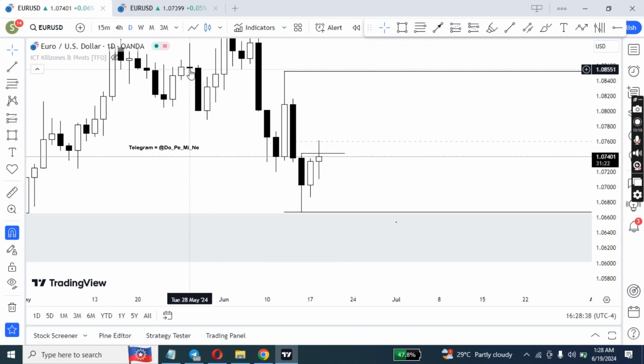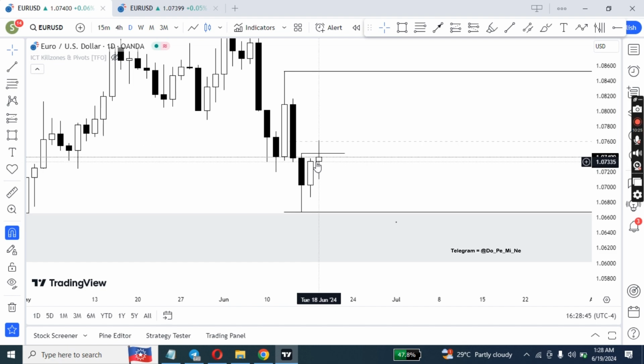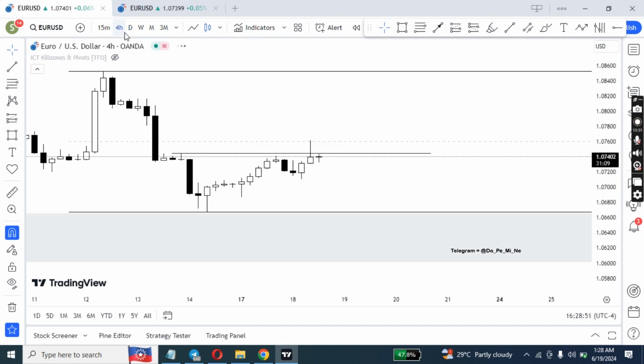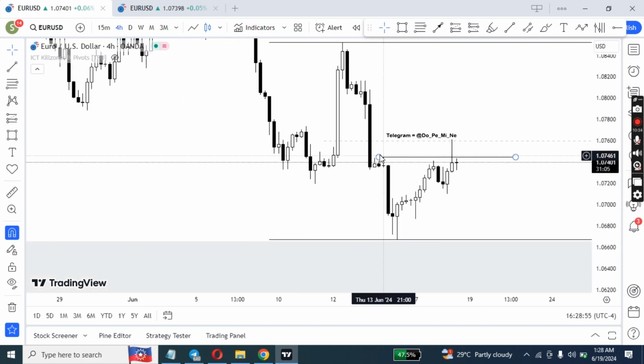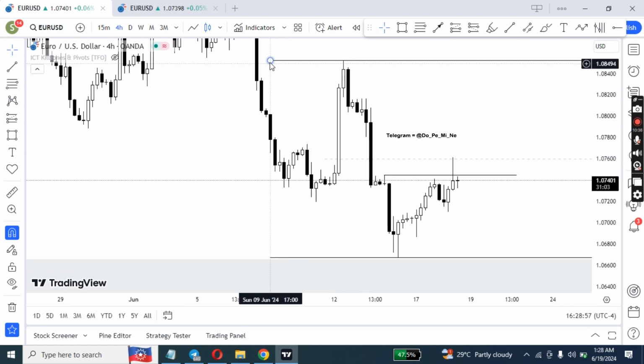That was my buys. So when candle opened right here, my buys for the day, for the session, was first of all price to take out this high, right? Now if we go down to the 4 hour time frame, on the 4 hour time frame we're going to see that it was also in the form of this range high right here, right?